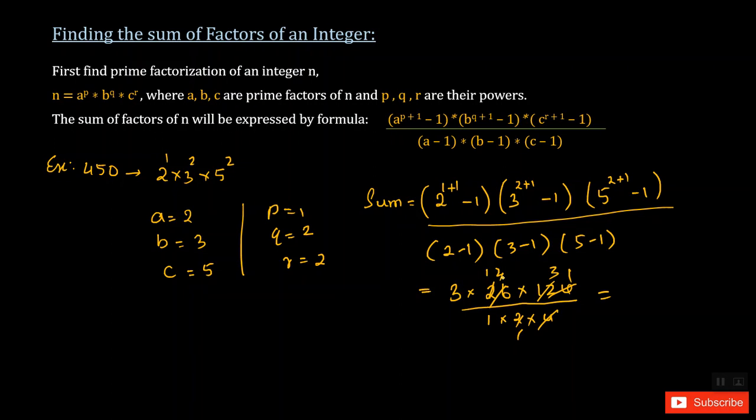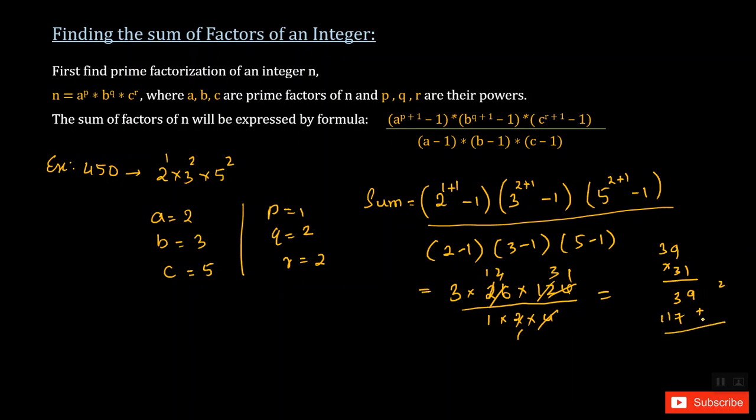So 3 times 13 is 39, times 31. Just do this, 39 times 31, what are we going to get? First, 3 times 9 is 27, so 7 carry 2, 3 times 3 is 9, plus 2 is 11.